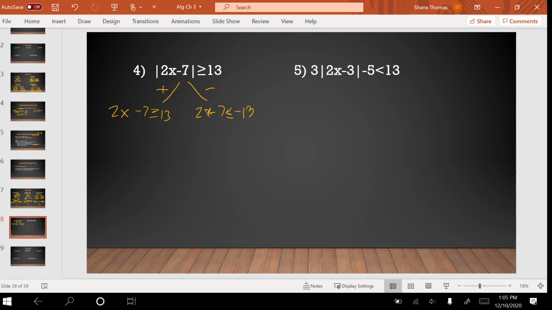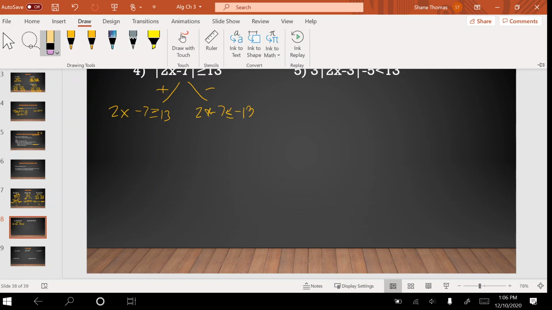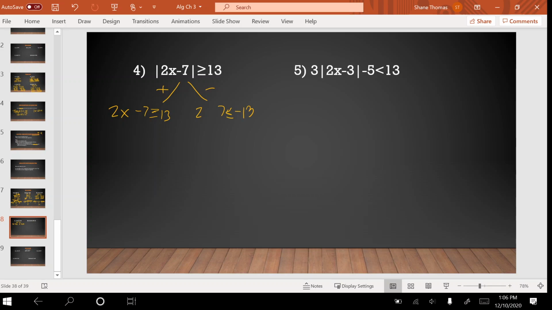Wow, that's really sloppy. I'm sorry. We'll fix it. 2x minus 7. Okay, so add a 7, add a 7. 2x is greater than or equal to 20. Divide both sides by 2. 20 divided by 2 is what? Anybody? 10.